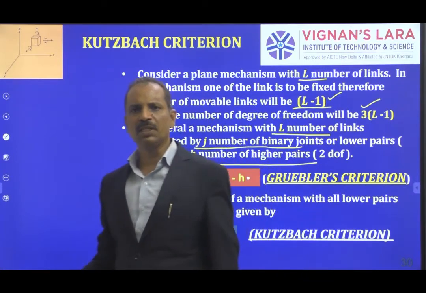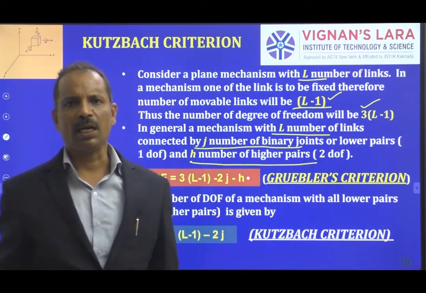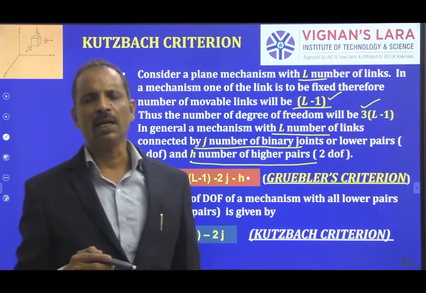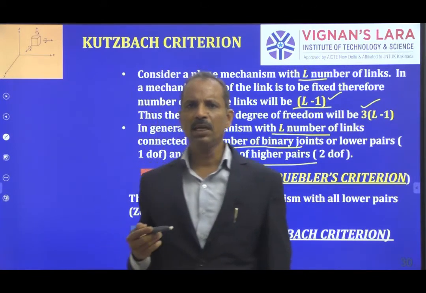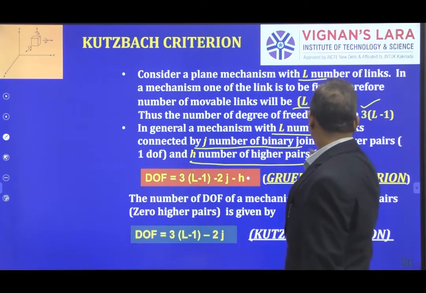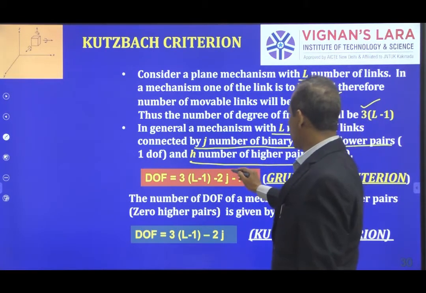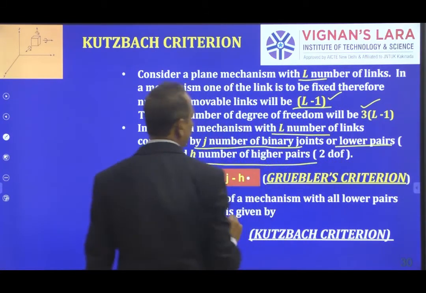At the very beginning of this lecture we talked about lower pair and higher pair. A higher pair has a line contact or a point contact, whereas a lower pair is a surface contact. So here J number of binary joints are lower pairs. J stands for lower pairs, H stands for higher pairs.